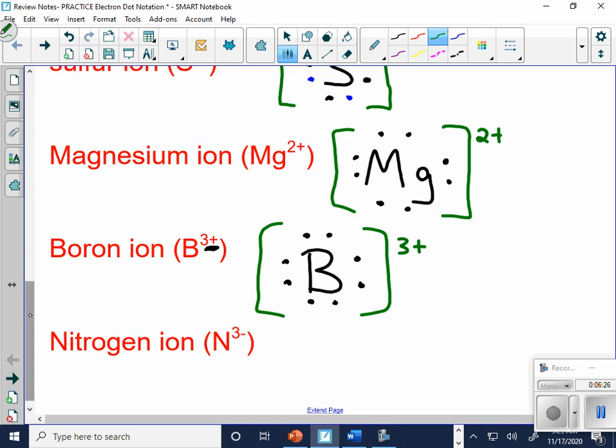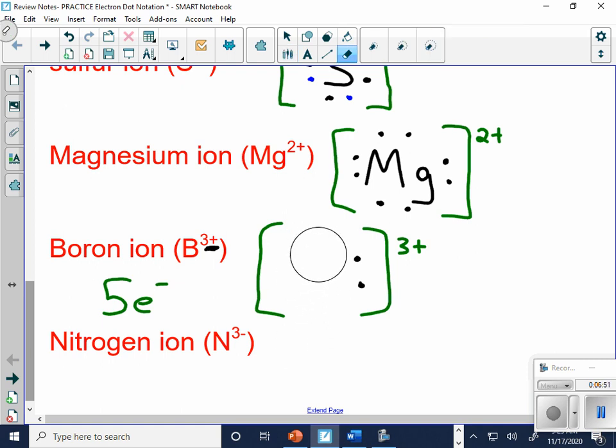Well, the problem with this is how many electrons does boron have total? Taylor? 5. It only has 5 electrons to start with. How many are you showing right here? 8, right? So that has way more than what boron has.